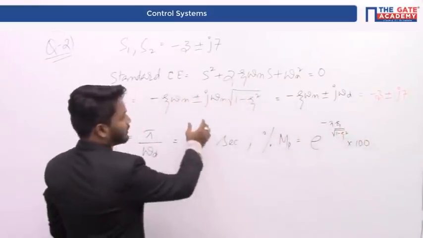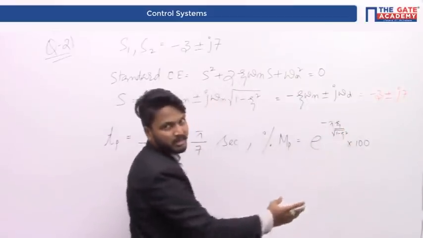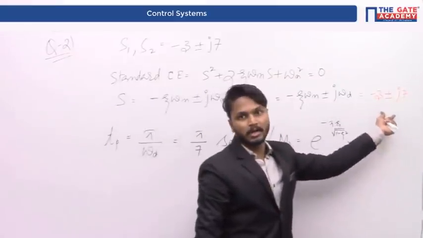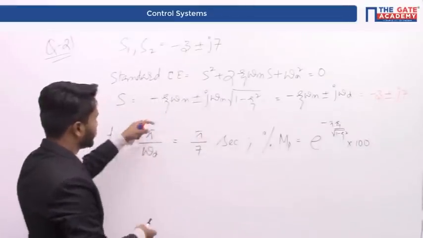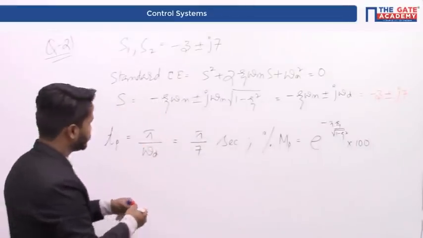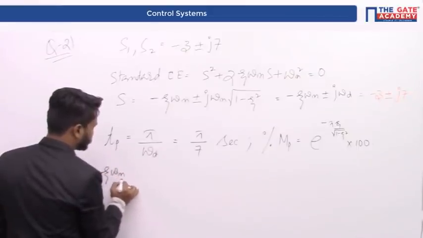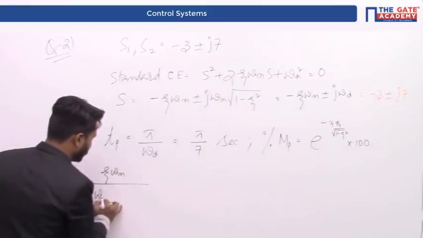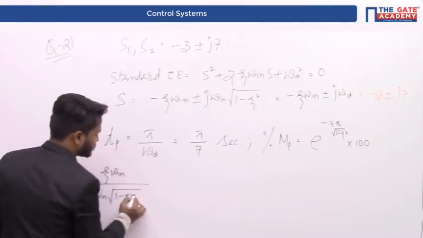So just calculate the ratio of real part to imaginary part. You can have the real part and imaginary part of the roots from the given roots, like this. Therefore, if you calculate the real part to imaginary part ratio, that is zeta omega n divided by omega n under root 1 minus zeta square.